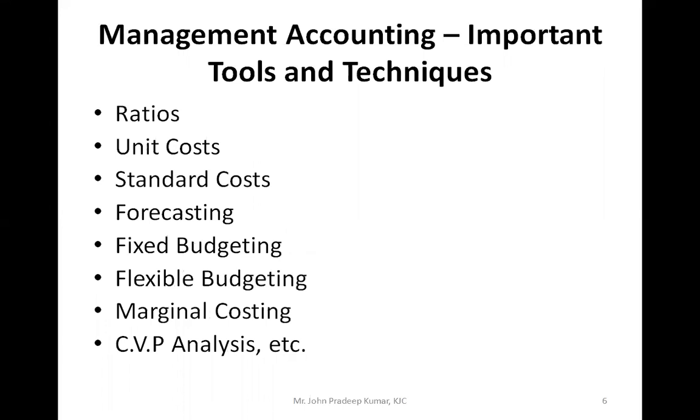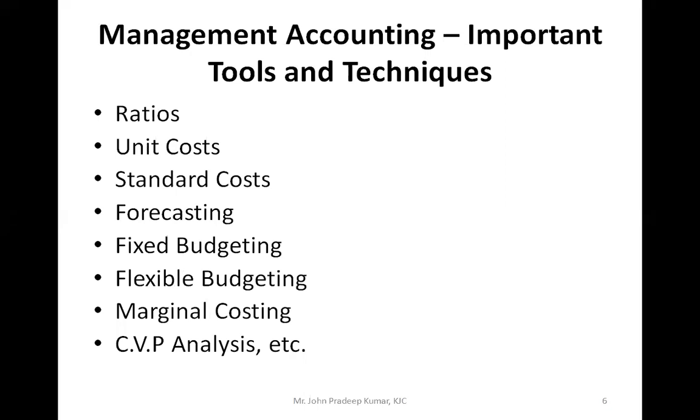And what are the main tools and techniques used here? Already we told in the earlier thing. So ratios, they're going to use unit cost, standard costing, forecasting, fixed budgeting, and flexible budgeting, and marginal costing, CVP analysis, that is cost, volume, and profit analysis. Along with that, they also use some of the operational research techniques.